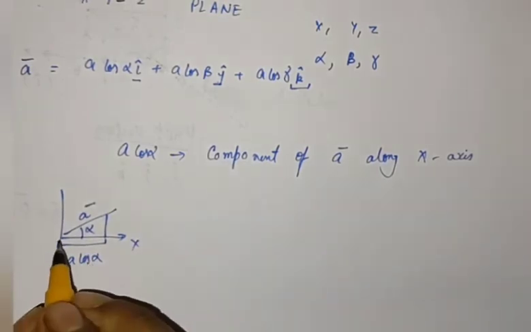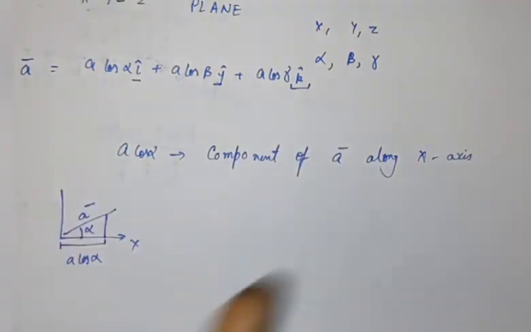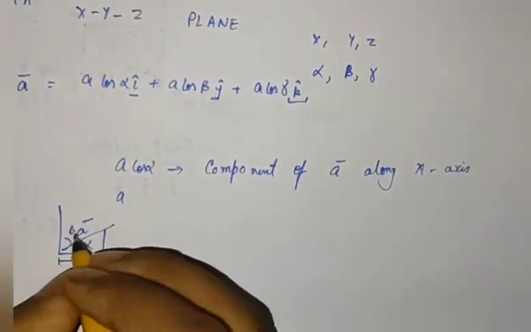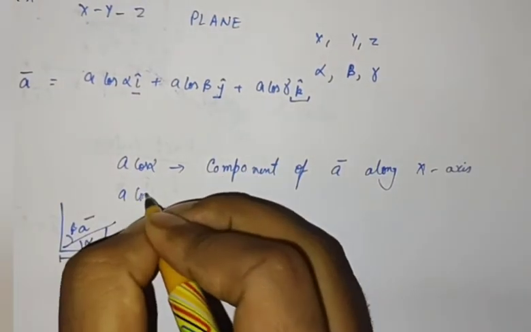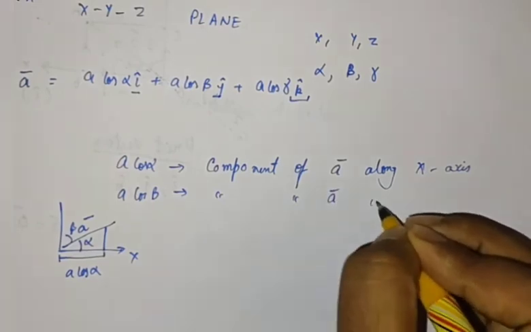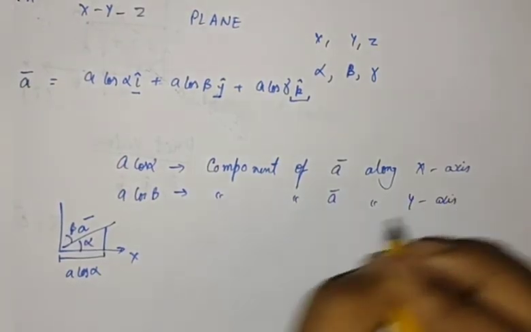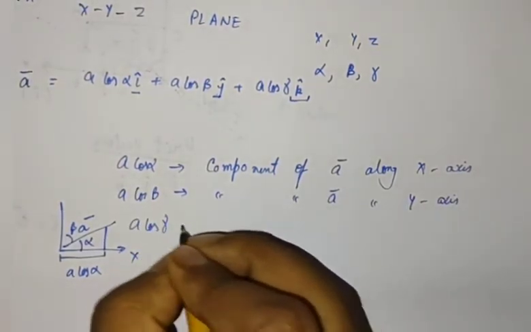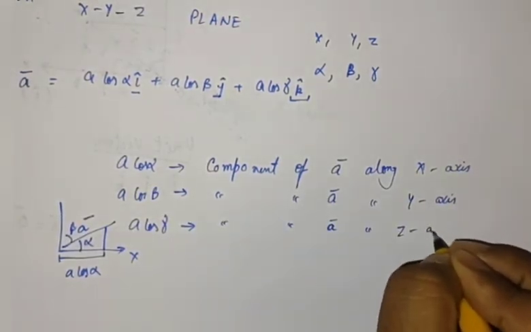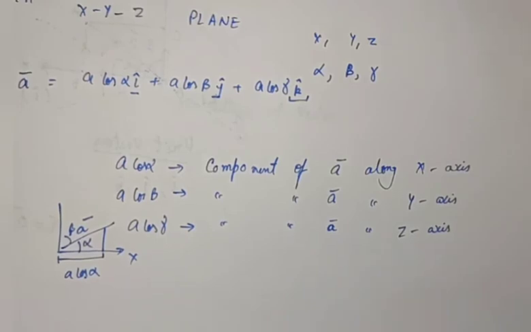This is the part we're taking along the x-axis, so hence it's the component of A along the x-axis. Similarly, if this is beta, A cos beta will be nothing but the component of A along the y-axis, and similarly A cos gamma will be the component of A along the z-axis. Okay, this is pretty basic.